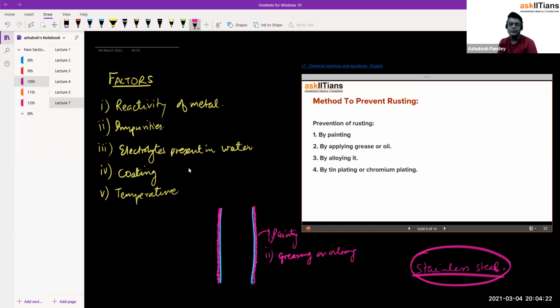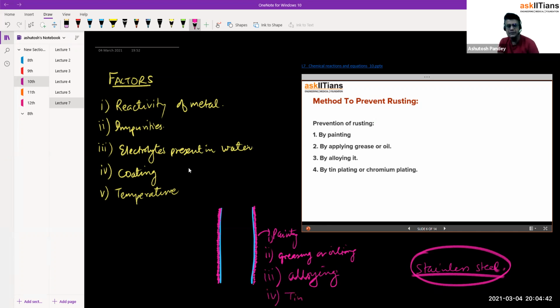Then third, we can write alloying, formation of alloy, and tin plating, chromium plating or zinc plating. So like galvanization.